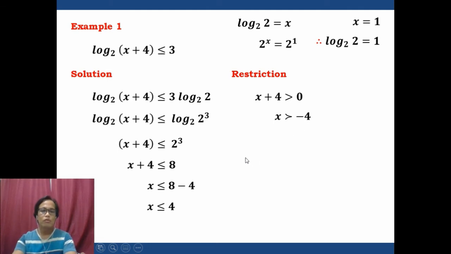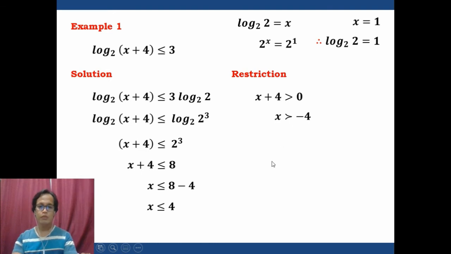Now, to find the solution set for this inequality, we need to illustrate these two inequalities on the number line. Our first inequality is x is less than or equal to 4, and the second inequality, for the restriction, is x is greater than negative 4.